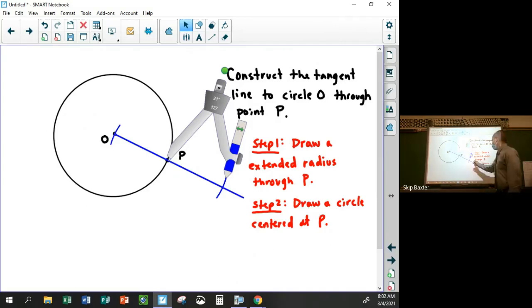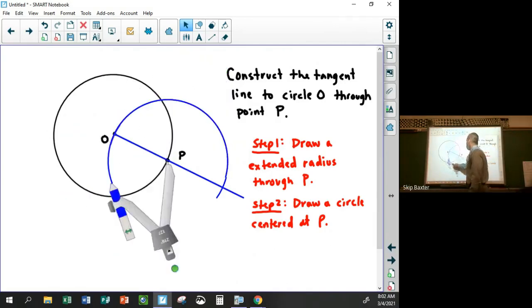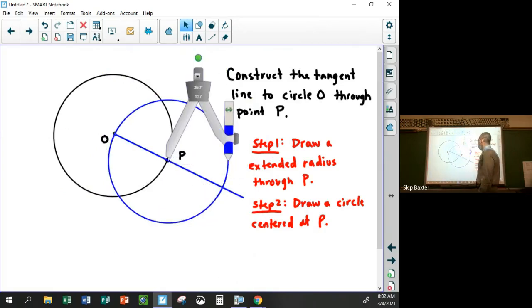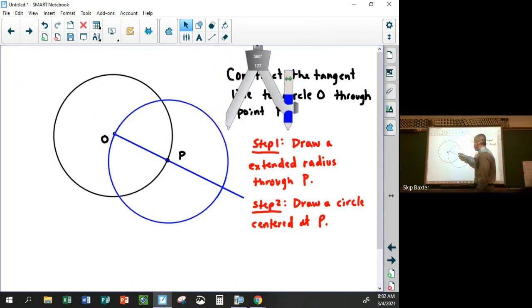But if I wanted to, I could draw a whole circle centered at P. Essentially what you're doing is creating this diameter of the circle that I just drew, and the perpendicular bisector of that diameter is going to go right through P. So now we're just going to do the perpendicular bisector construction that goes through P.